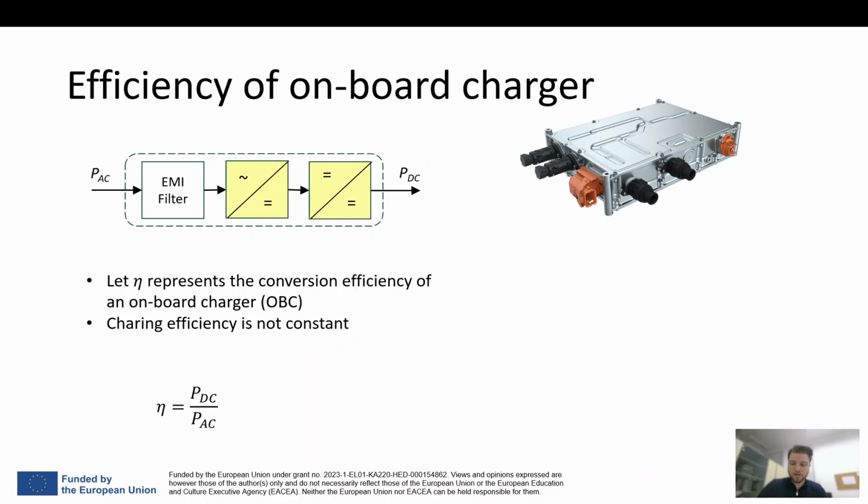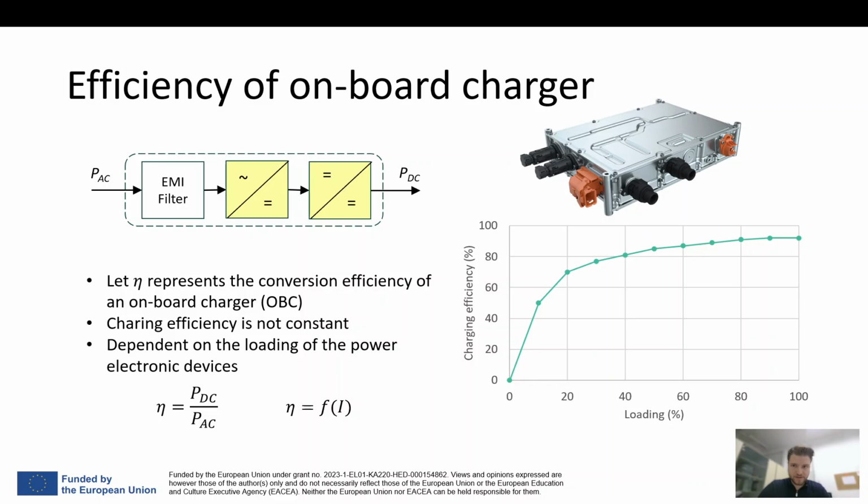It depends on the loading of the power electronic conversion devices. So this graph here conceptually shows that as the loading of the onboard charger increases, so does the charging efficiency.